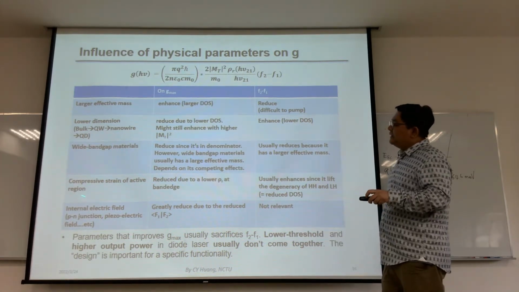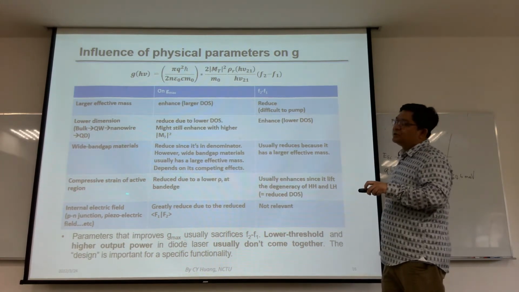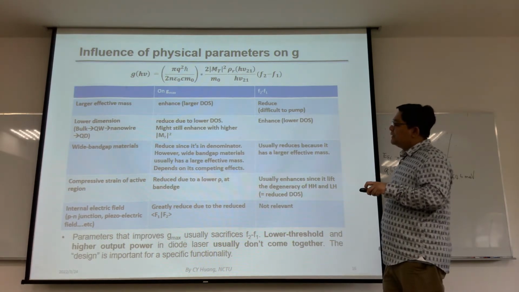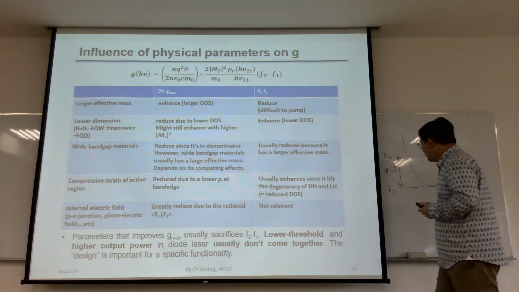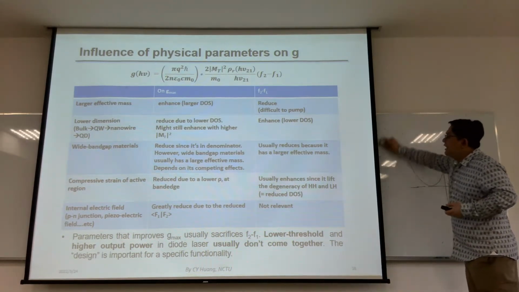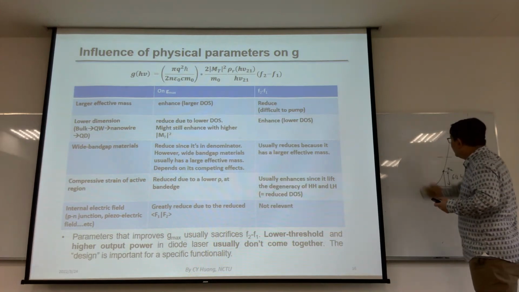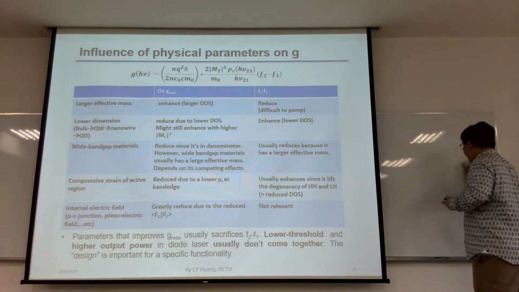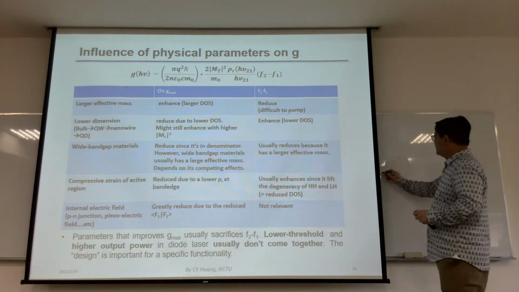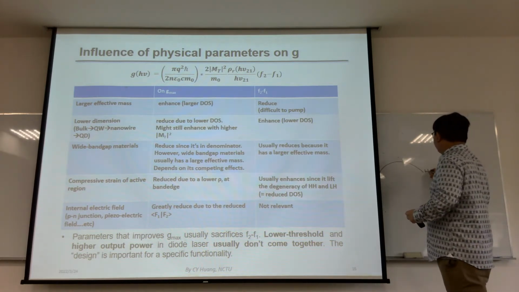Okay, and about the compressive strain of the material, it will reduce, because when you have a strain in your material, your heavy hole and light hole split. This is heavy hole.